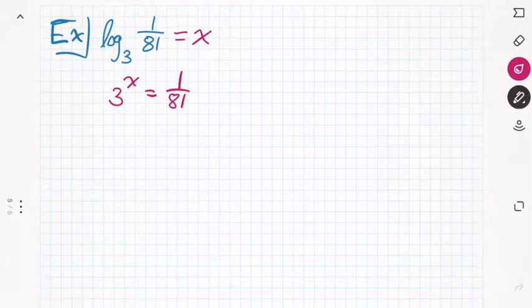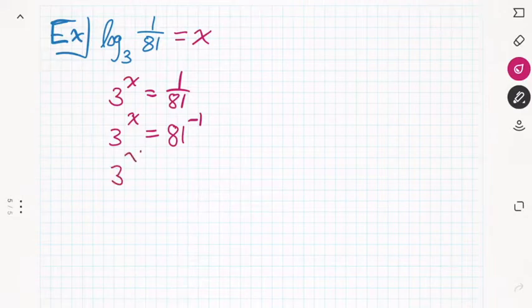So the common base that we're going to be looking for is 3. So we're going to change this into 3 to the x. I don't like the 81 in the denominator, so I'm going to bring it to the top. So it becomes 81 to the negative 1, because anytime you move from the bottom to the top, the exponent has to change sign. So this is 3 to the x is equal to, now 81 is 3 raised to the 4th power.